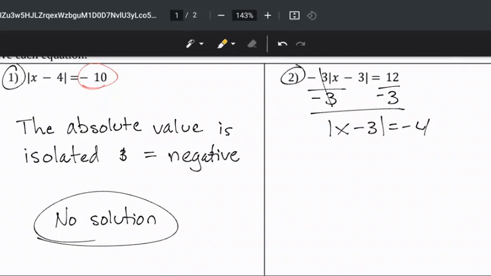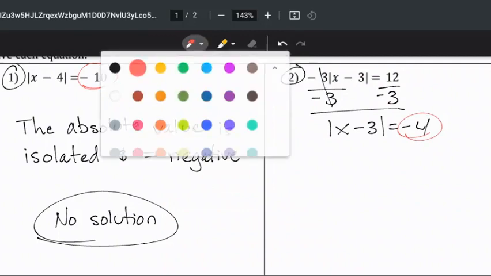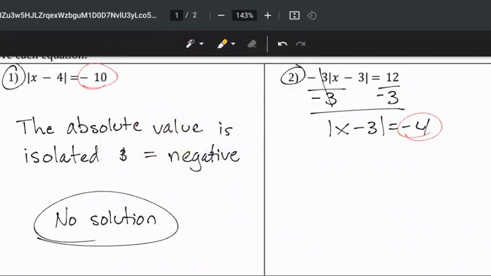After we divided by the negative 3, the absolute value is now completely isolated. There's nothing left on the left side of the equation other than the absolute value, and it equals a negative 4. Because it equals a negative number, we stop right there and write no solution.